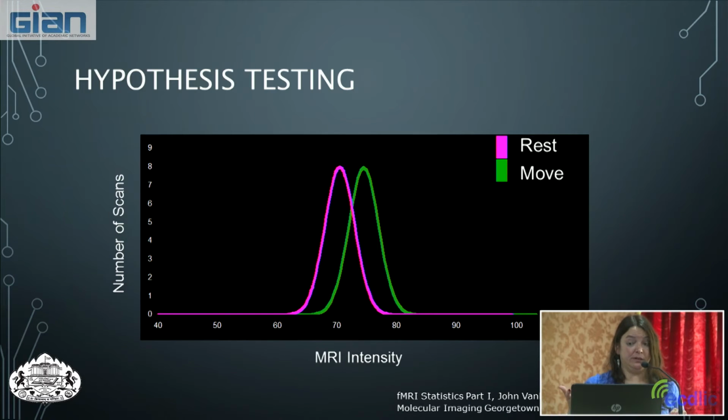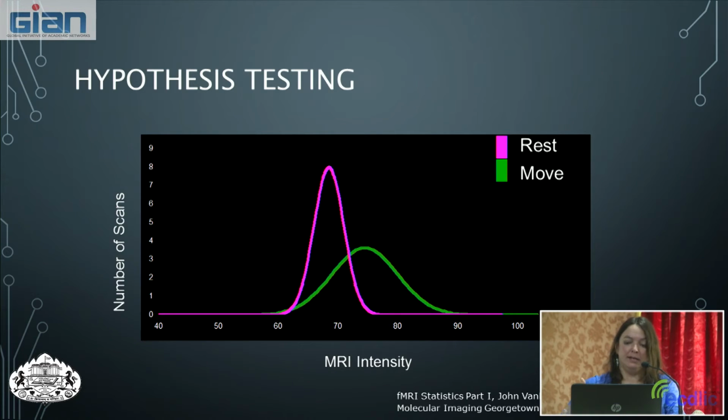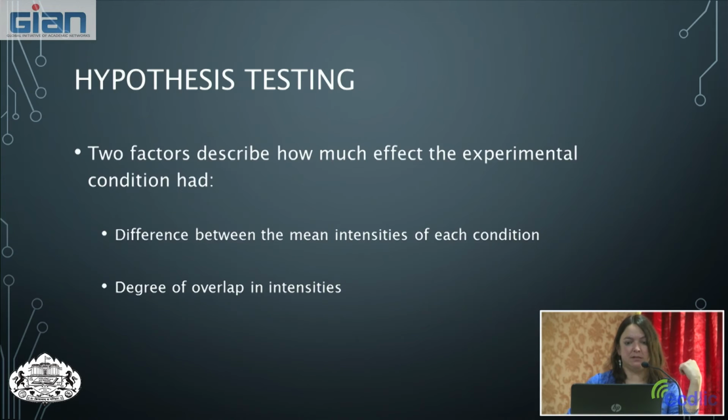Okay, they could look like this with quite a bit of overlap. Okay, they could look like this. So maybe instead of coming to a peak in the number of scans, they would be more widely distributed and lower. Again, here we could have something that looks like this as well. So we're looking at our distribution of the number of scans and how the mean and the standard deviation of the intensity are as we try to compare these two states.